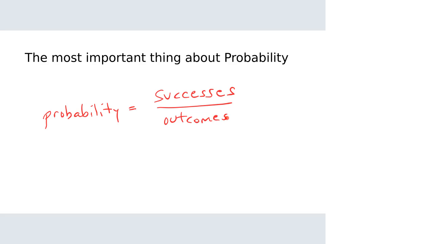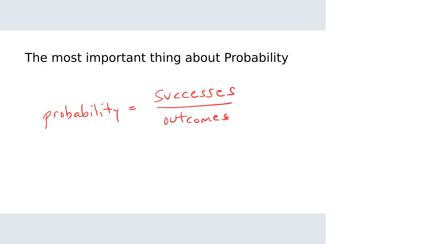It doesn't matter what kind of probability question we're working on. It all boils down to this in the end, that the probability of an event is equal to the number of successes divided by the number of outcomes. So I'll say this over and over again, at least today and maybe further. Probability is successes over outcomes.